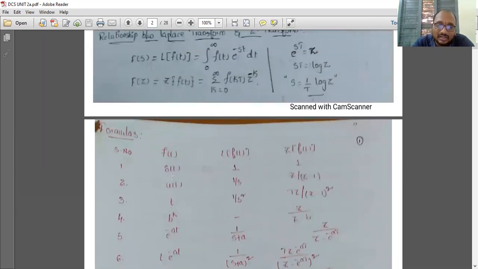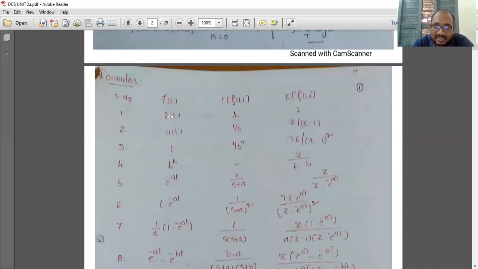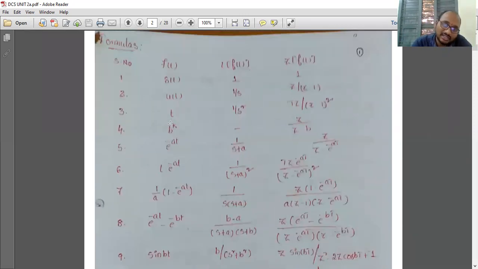All these are continuous time varying signals: impulse signal, step signal. This is a ramp signal. e power minus at, exponentially decaying function, etc. These all are the continuous time varying signals.